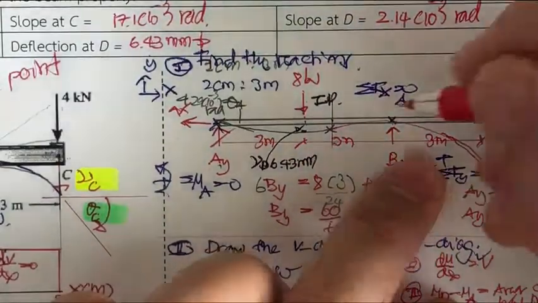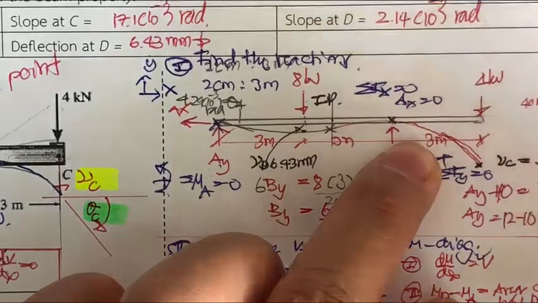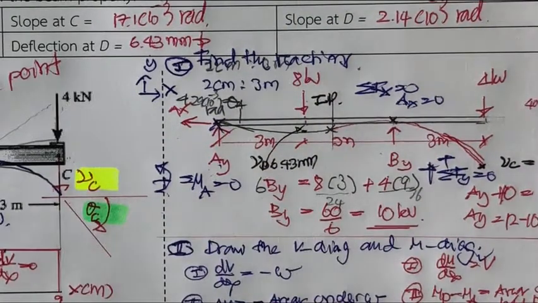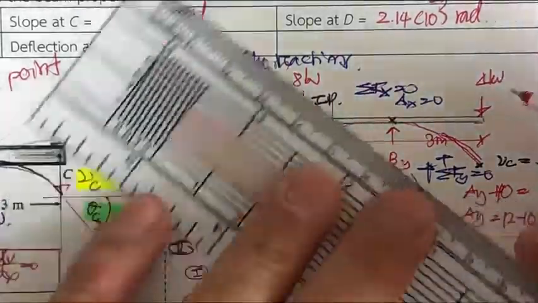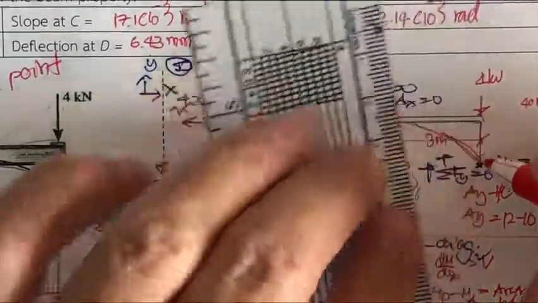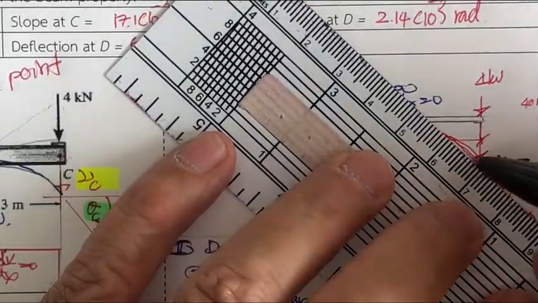It's going to be pretty big concave downward like this. That is going to be V sub C.